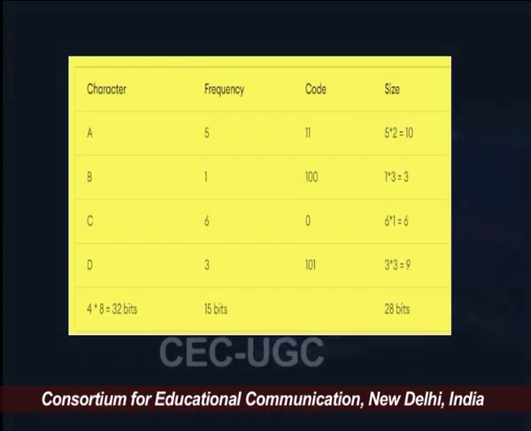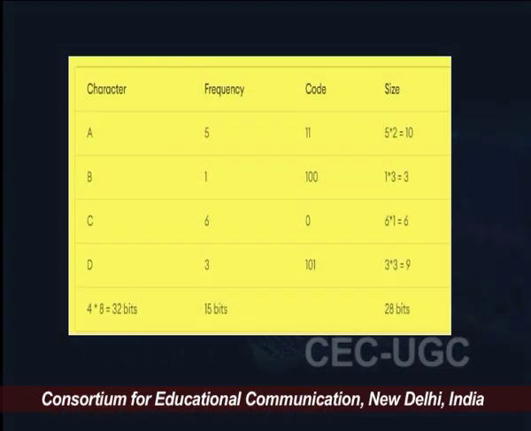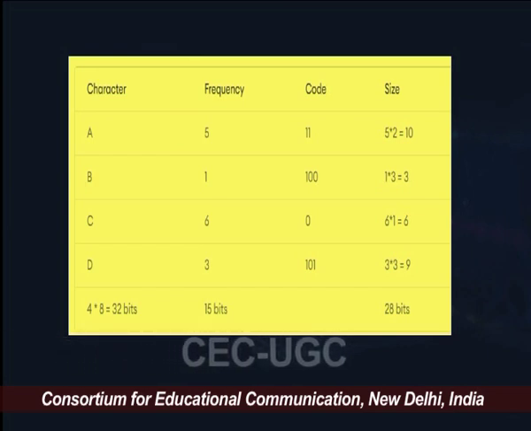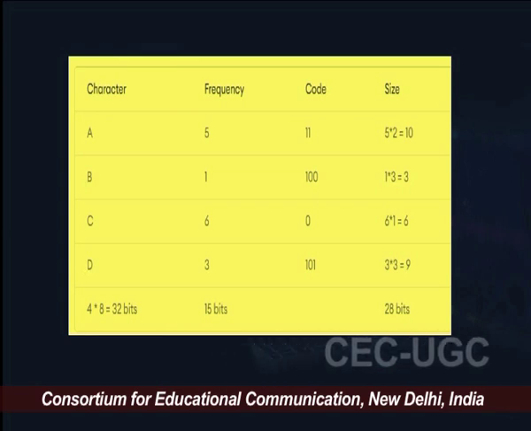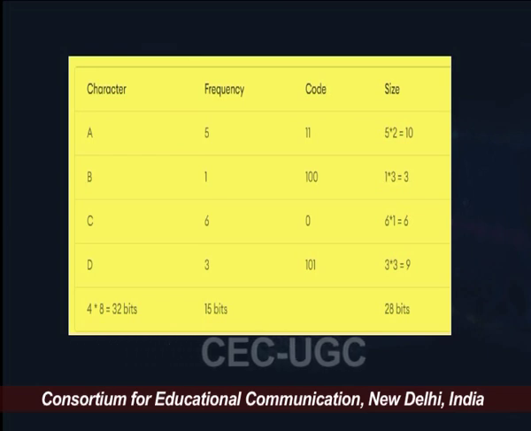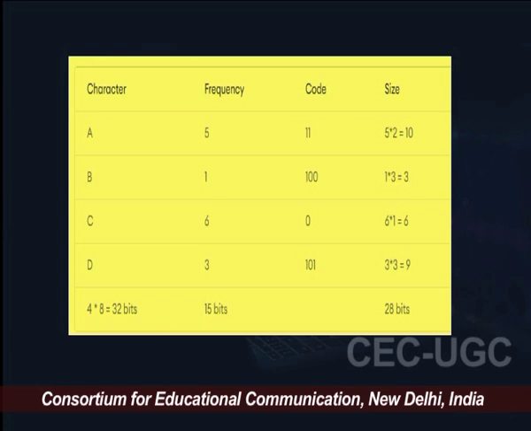So, if the frequency is 5, the code is 1 1; the frequency 1, the code is 3 bits; frequency 3, the code is again 3 bits; frequency 6, the code is 1 bit only. And this being a prefix code leaves no chances for anomaly.